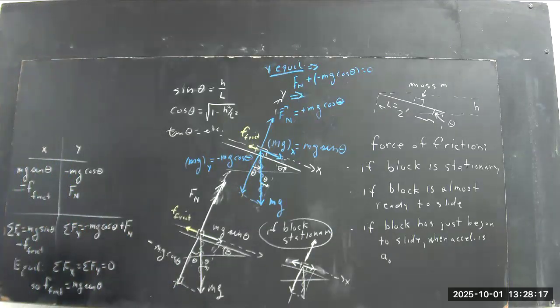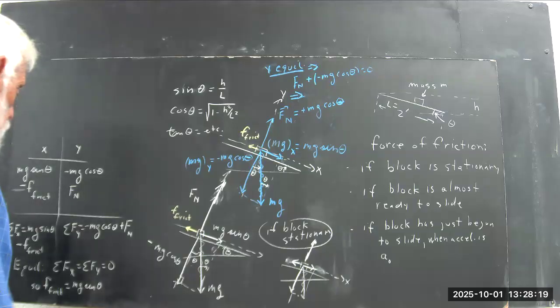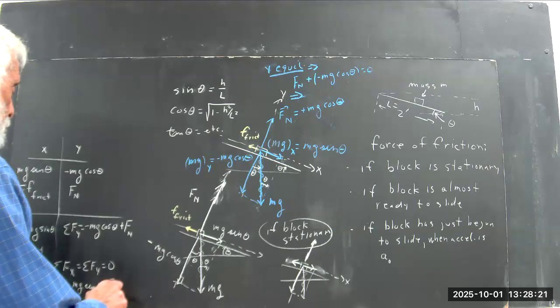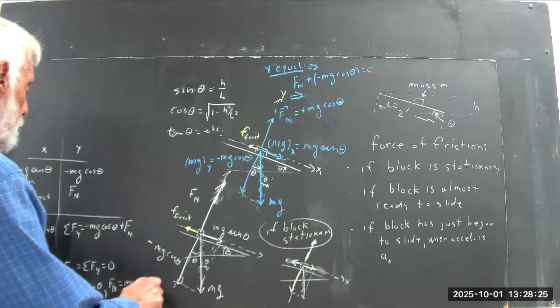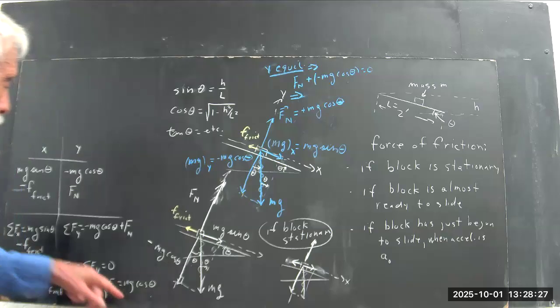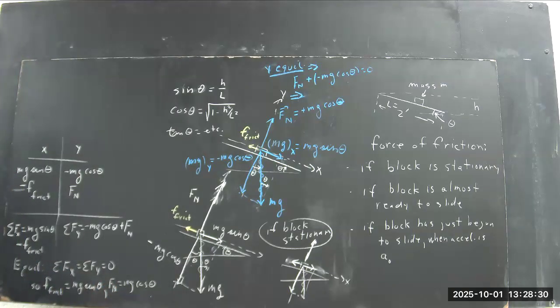If you're on a much steeper block, well, also normal force equals mg cosine theta. What you can't say is that force of friction is mu static times mg.